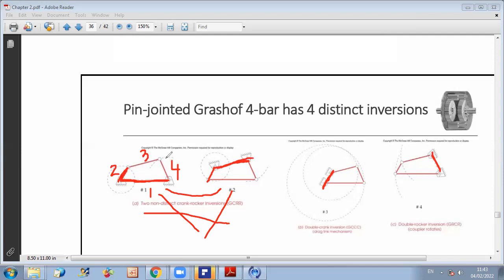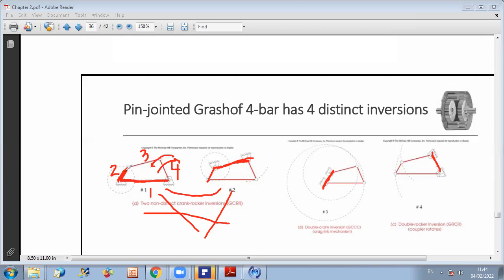So if you observe, and we will demonstrate by the Grashof condition and by the different variations, that when I link the shortest link to the ground, then my output link, the coupler, will have intermittent motion. It will be a rocker. Okay, so when can I obtain a rocker output motion?